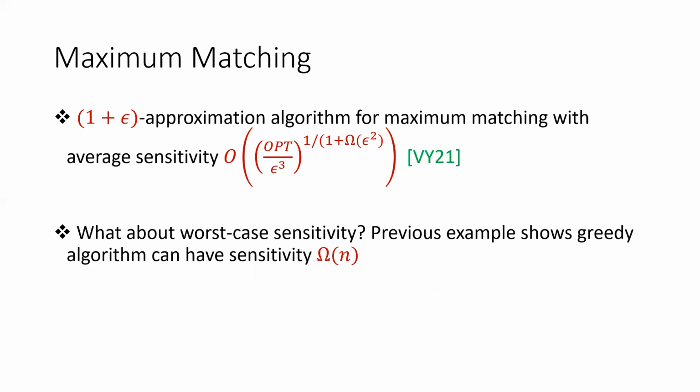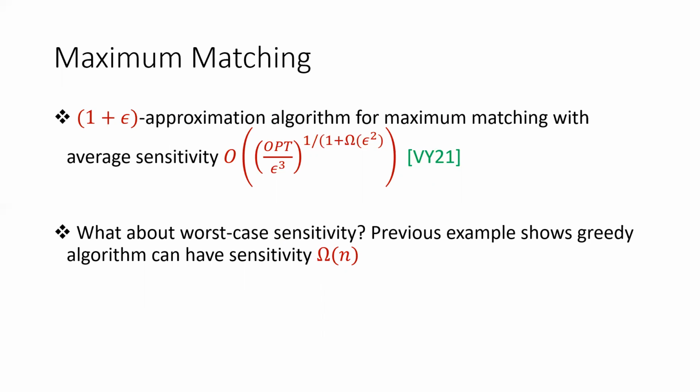So they give an algorithm with average sensitivity roughly n over epsilon cubed. And this is average sensitivity, whereas we give an algorithm that gives a 1 plus epsilon approximation, but has worst case sensitivity O of 1. So not only do we improve upon the sensitivity, but this is the average sensitivity versus the worst case sensitivity.